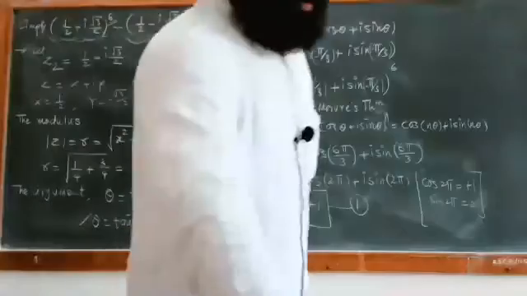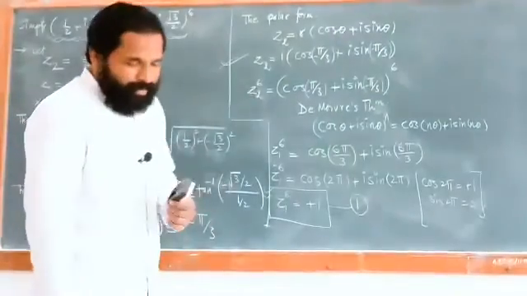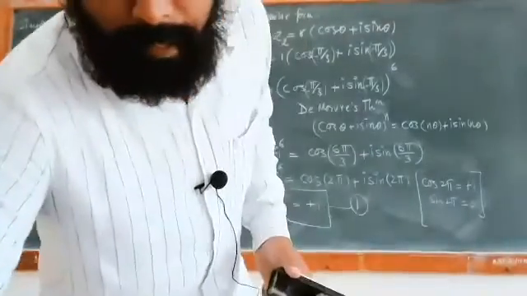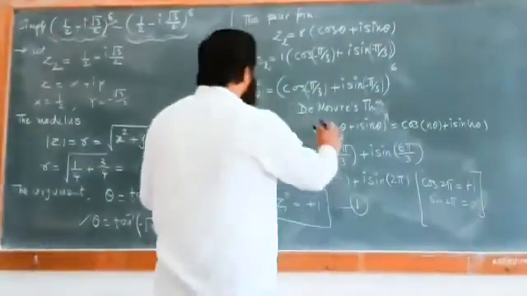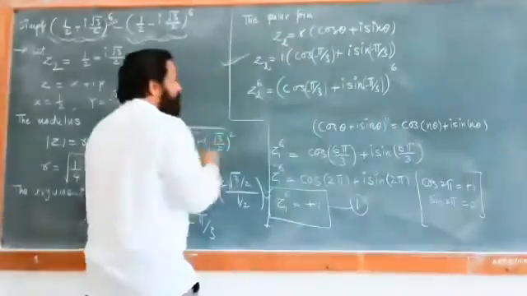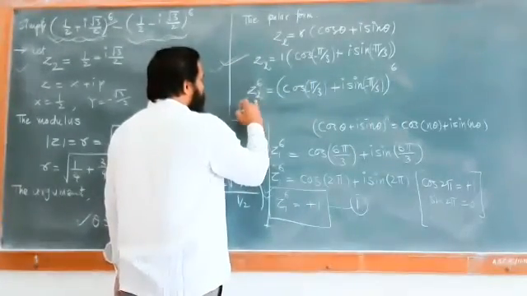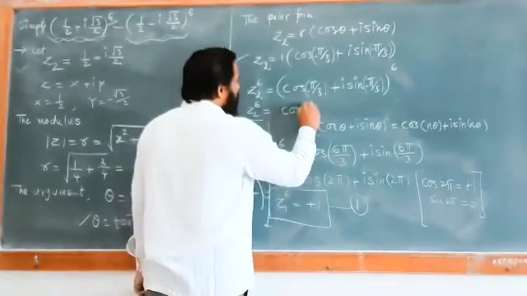The condition is like this. What is the value of cos of minus theta? Cos minus theta ची व्हॅल्यू किती असते? Cos theta. So cos of minus theta is equal to cos theta. So we can write this number as z2 raised to 6 is equal to cos of pi by 3.